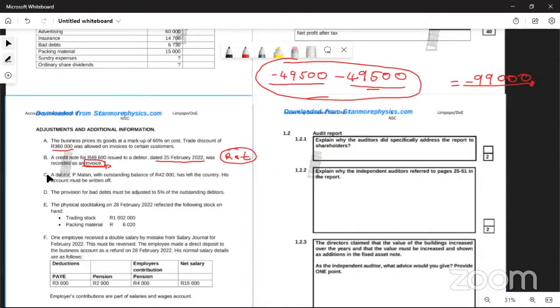Okay, so we'll see a debtor, P Malema, with an outstanding balance of 49,000. So this 42,000 has left the country. Okay, the provision for bad debts.